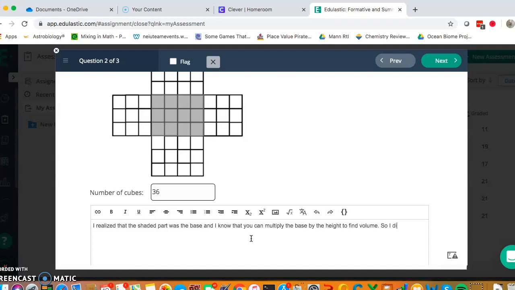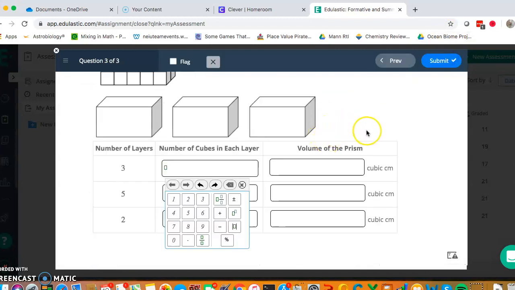So I did 4 times 3 to find 12 as the volume of the base. Then multiplied by 3 to get 36 as the total volume. Alright, and then I'm on to question 3.